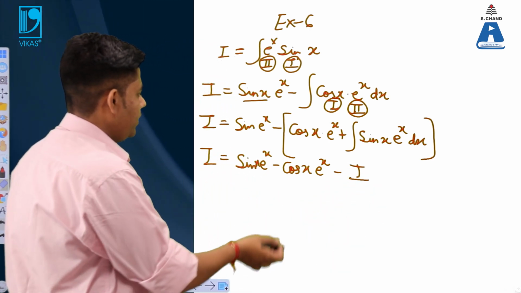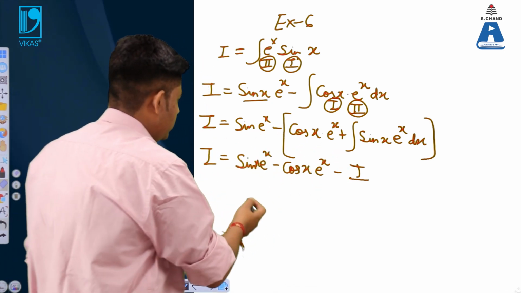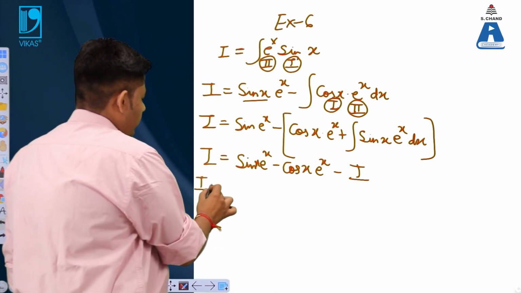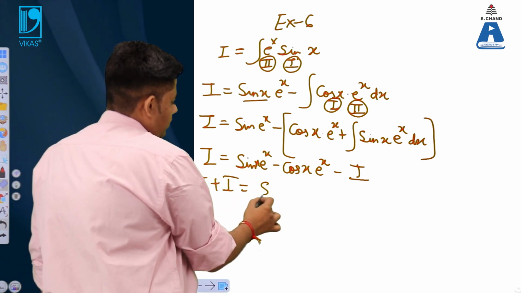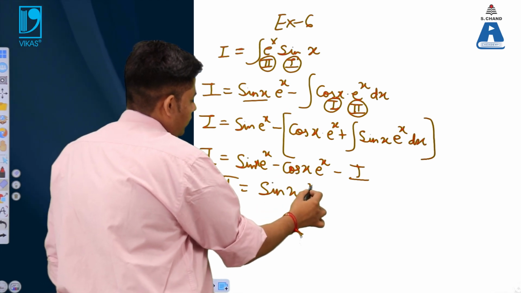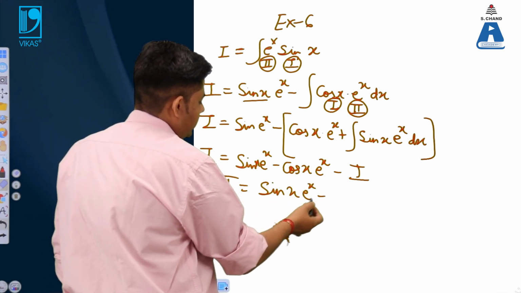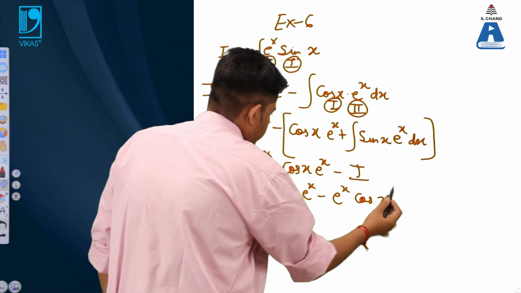And I'll be clubbing, or combining, these two I's together. So I and I would be clubbed together, and this function would remain the same. So sin x e raised to the power x minus e raised to the power x cos x.